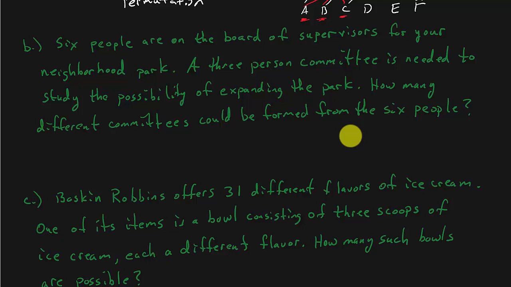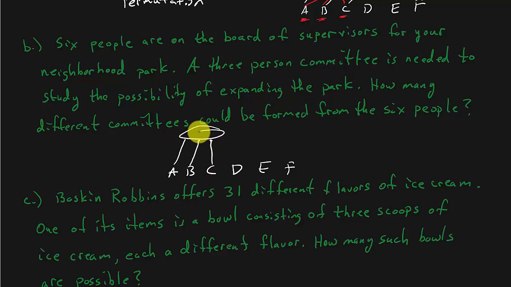All right, so let's look at persons A, B, C, D, E, and F again. I'm going to put people on the committee. So let's suppose I choose A, B, and then C and put them on a committee.